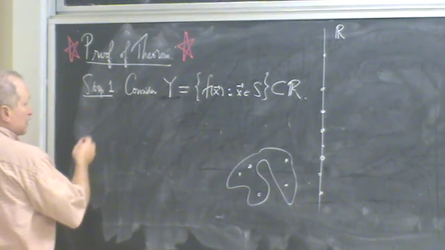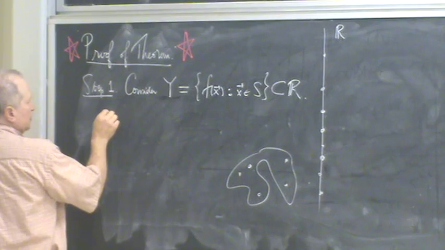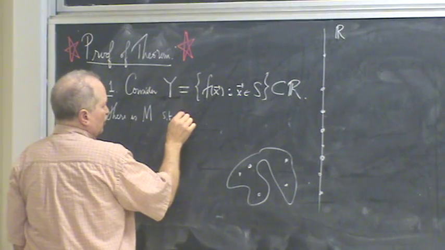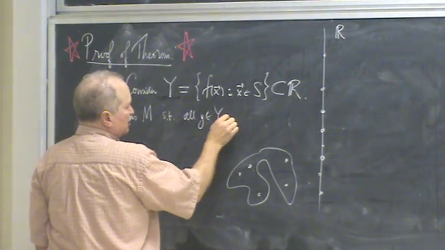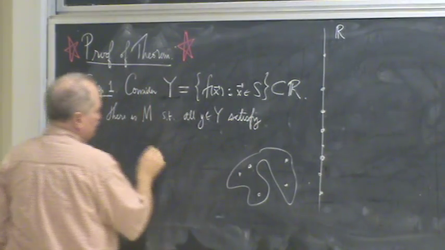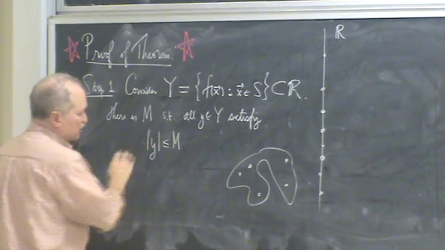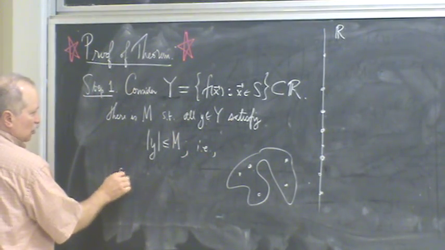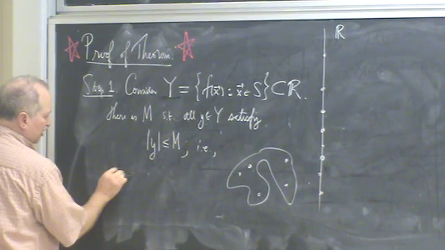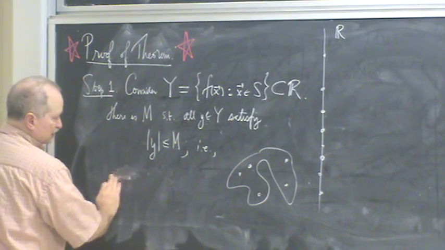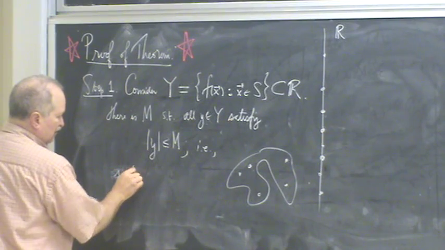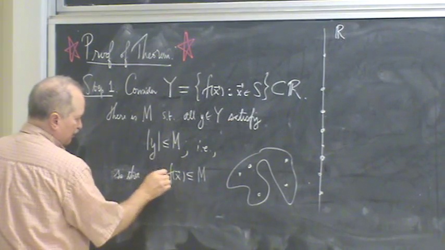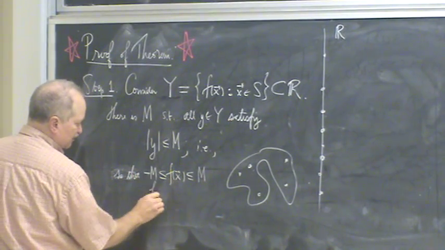The answer is no. The claim is that there is a capital M so that all y in the set of values satisfy their absolute values bounded by M. So what I'm saying here is there is a capital M so that f of x is between capital M and negative capital M for all x.